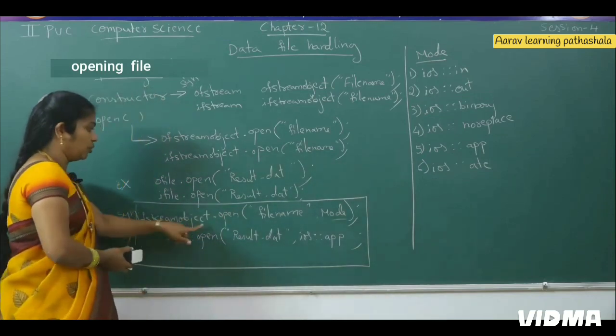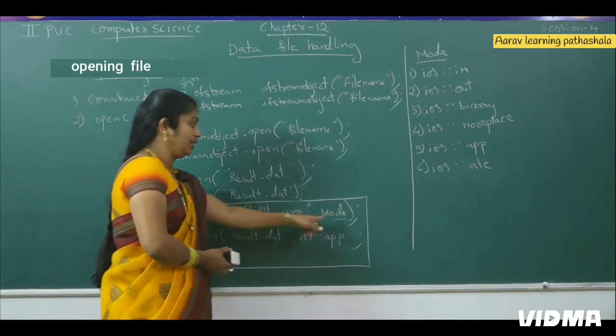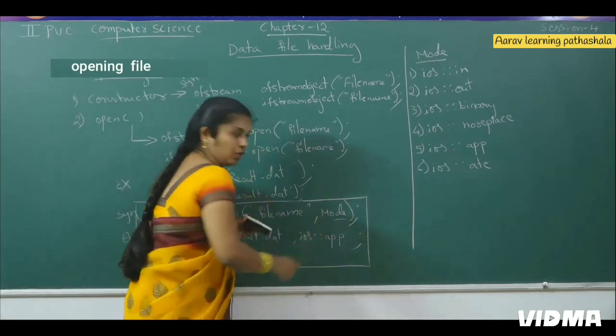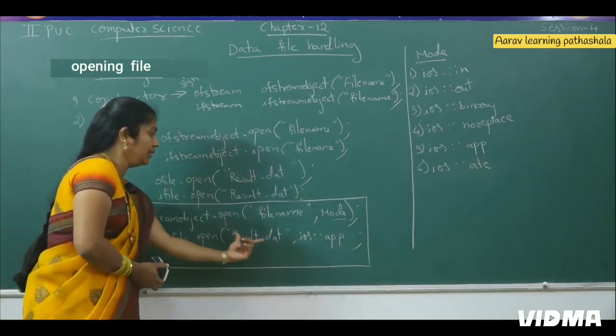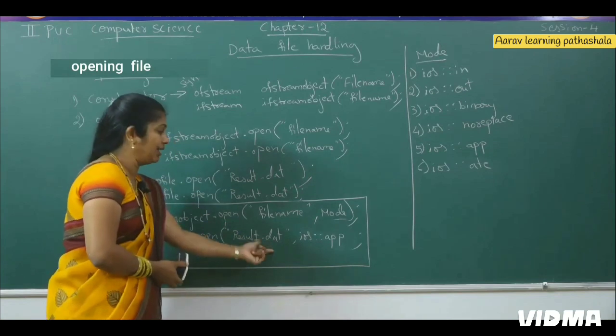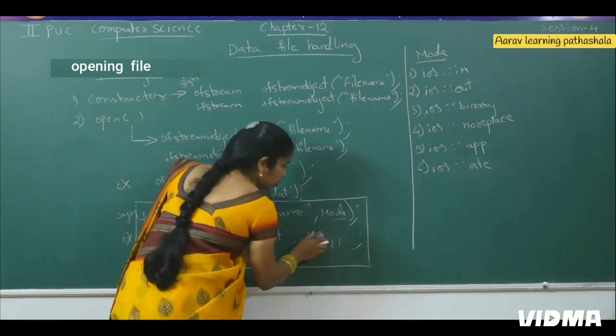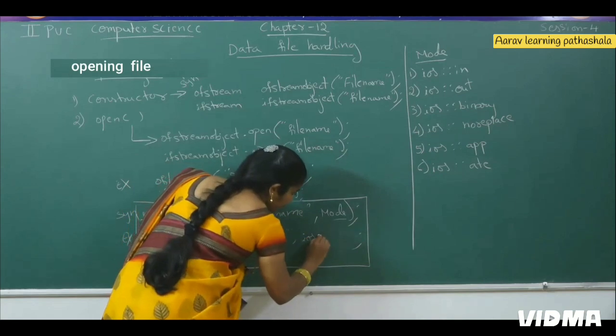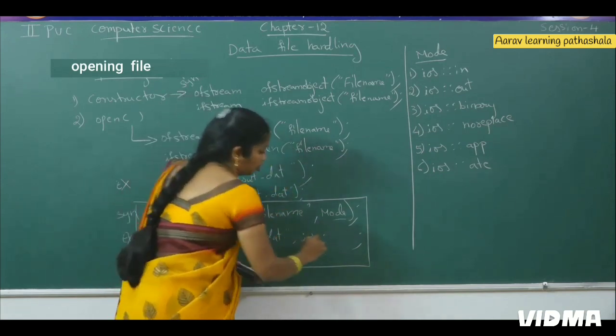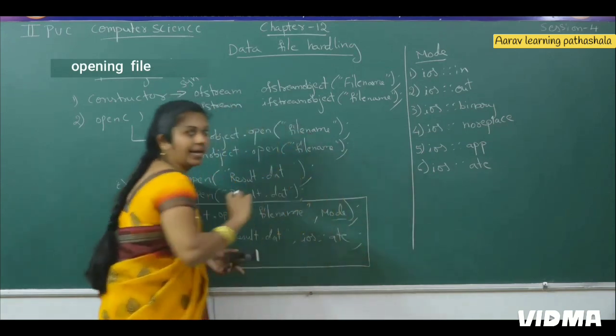Here fstream object dot open, file name, then comma, mode. In the example, ffile.open, inside the quotes you write the file name, comma, and in the place of mode we write ios input output stream scope resolution operator ate.